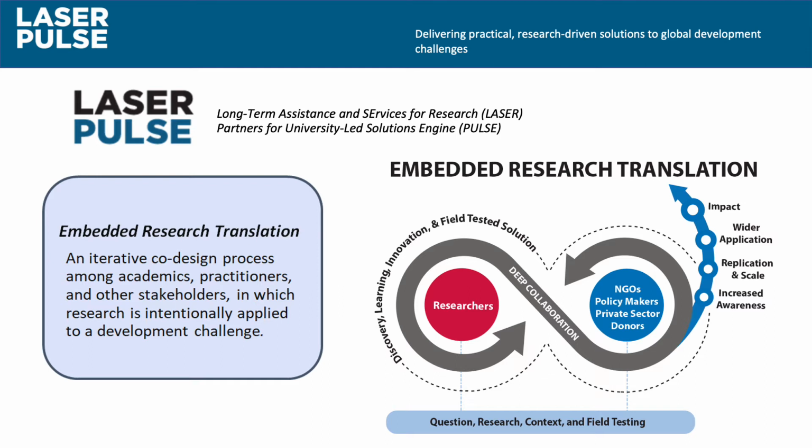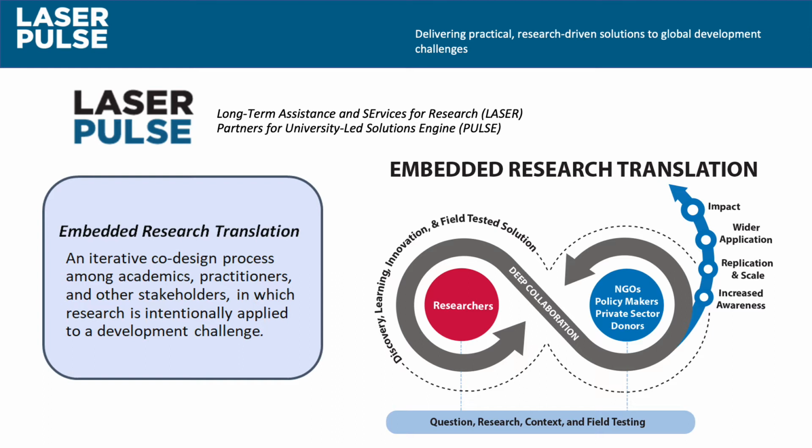Results of this collaboration, detailed in the upper left side of the diagram, include discovery, learning, innovation, and a field-tested solution. Importantly, this is a non-linear process that incorporates potential failures and adaptation over multiple iterations, with the understanding that eventually the team develops a field-tested solution that can be translated into practice and policy.